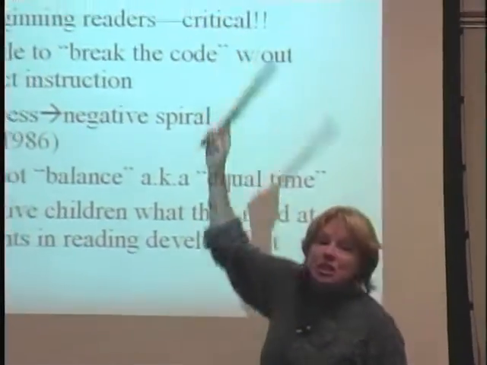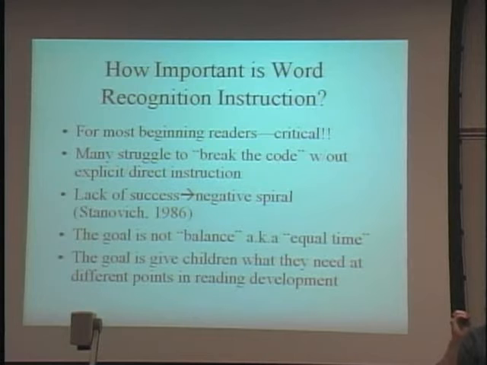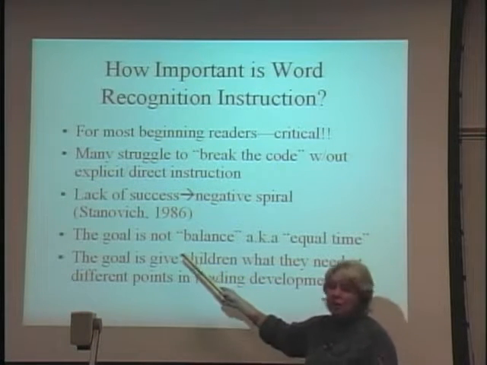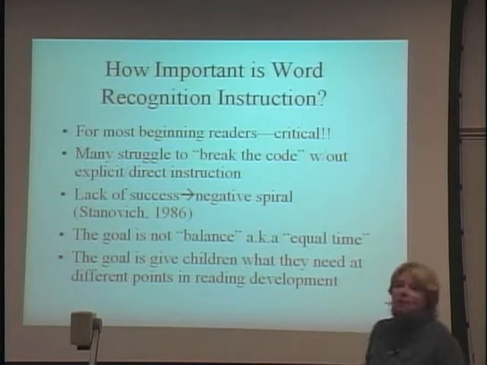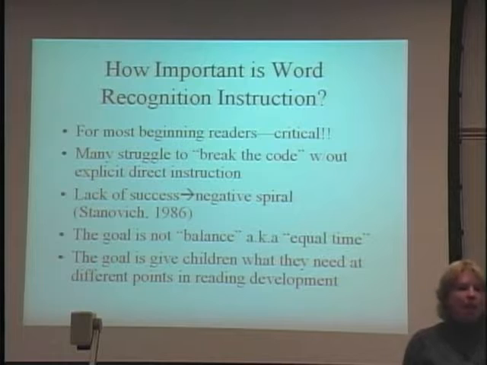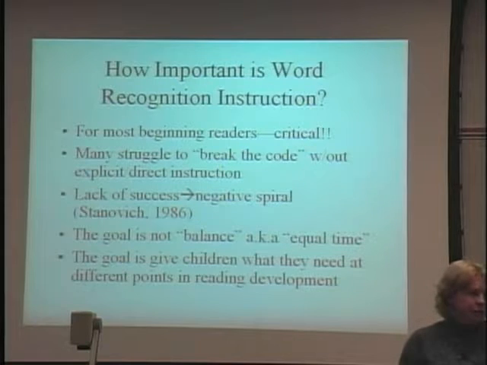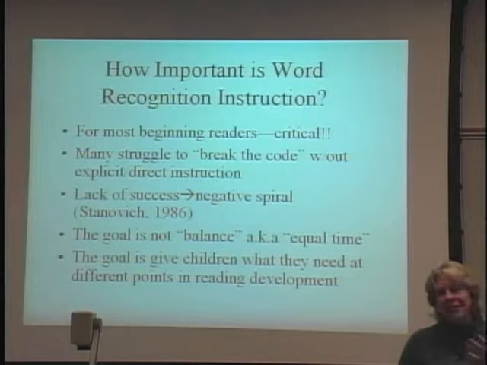Word recognition instruction has to be high quality and intensive for these kids, okay? And in the beginning, for beginning readers, it's not a question of balancing the curriculum, okay? The term balanced literacy is almost out of vogue now, actually, which I'm glad about. But the term balanced literacy really held sway here in the last 10 years. And I think it's a politically charged term.